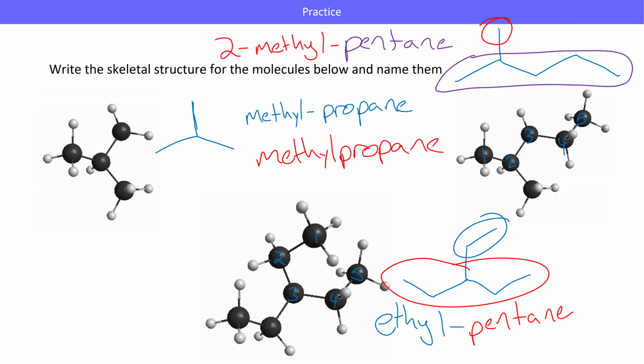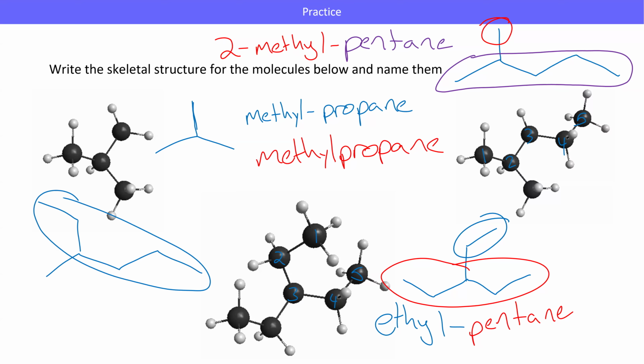Technically, for an ethyl on pentane, we don't need to say it's on carbon 3, because if we put an ethyl on carbon 2, that's not pentane anymore. If we put an ethyl on carbon 2, that's now hexane, because now 6 is our longest continuous carbon chain.